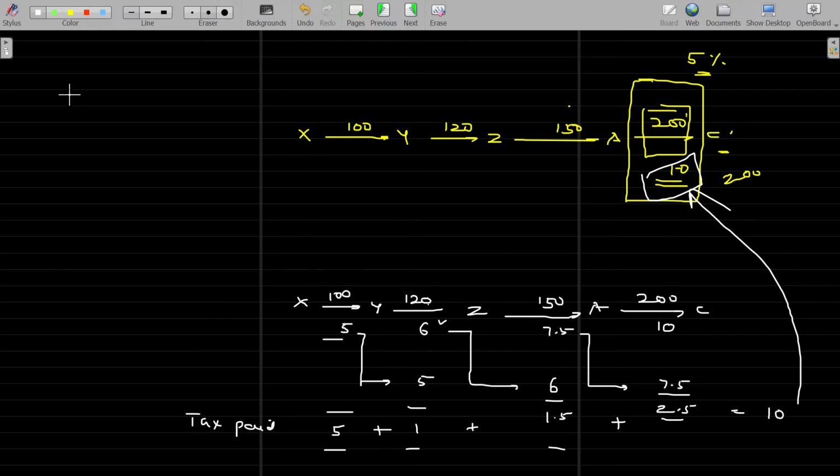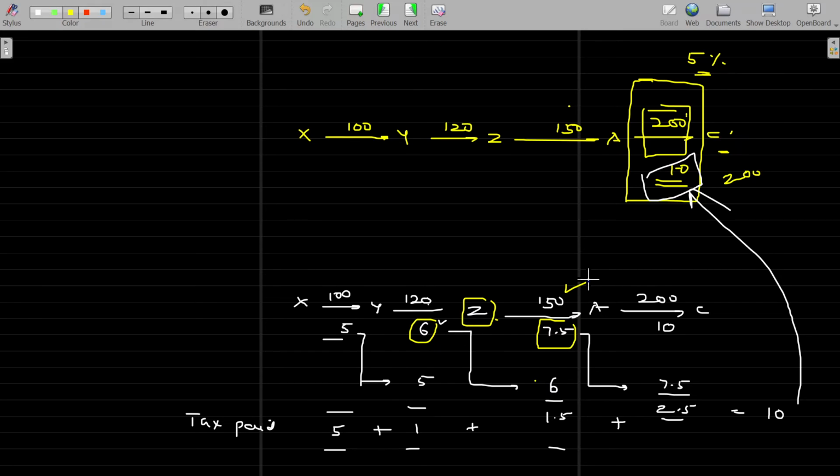Now what happens? If Z wants to cheat on this 7 rupees 50 paise, he cannot get the 6 rupees back. Very simple, no? If Z says that I am going to sell without bill, without tax, in order to reduce the tax, so for 150, sir, you pay only 150, don't pay the 7 rupee 50 paise, I am going to hide it, a tax evasion.